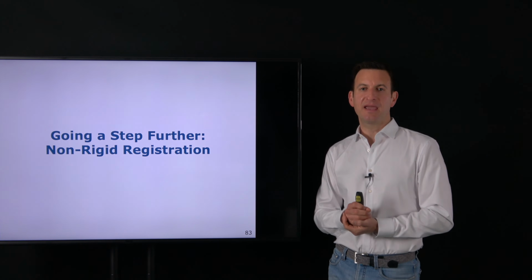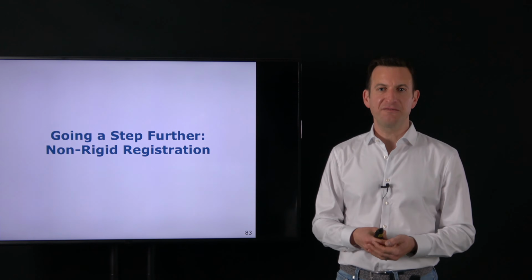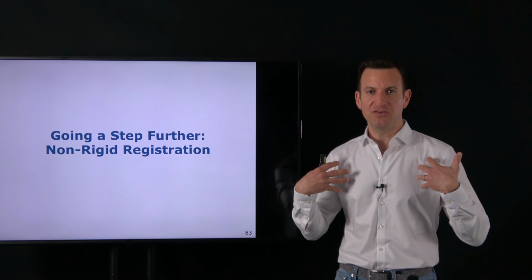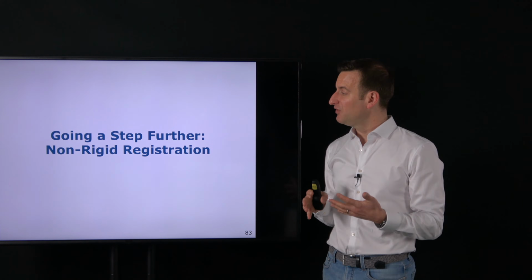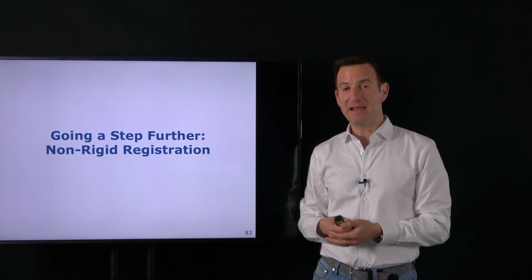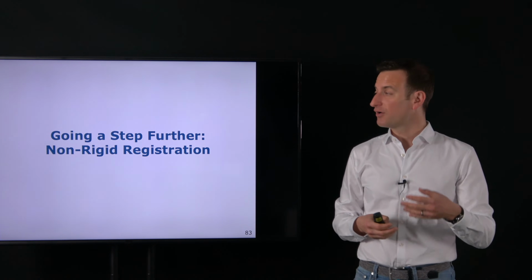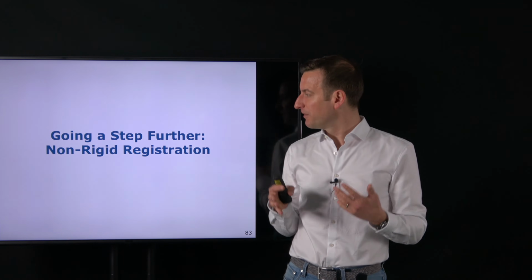So there are different applications where autonomous systems or intelligent systems are faced with deformable objects. Like me as a human, I can deform, I can move my arms. And these are things that a mobile system or robot may need to take into account. So there are steps towards non-rigid registration. They actually have been around for quite a while.